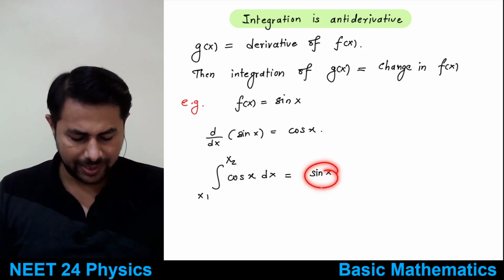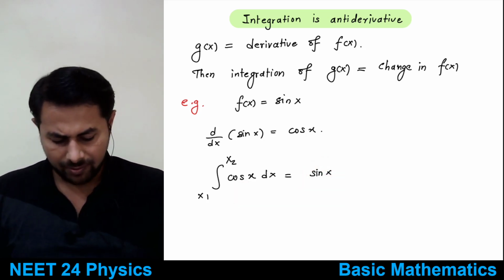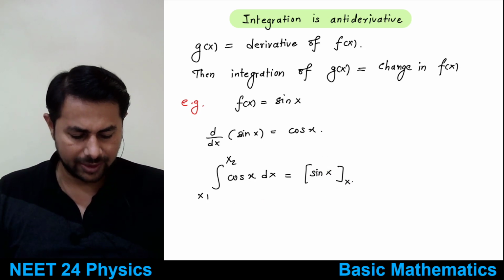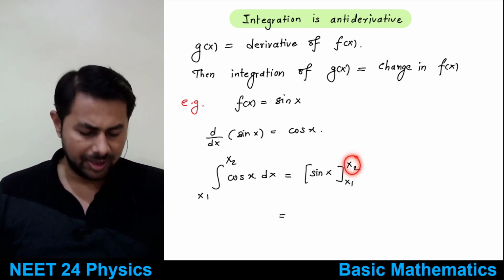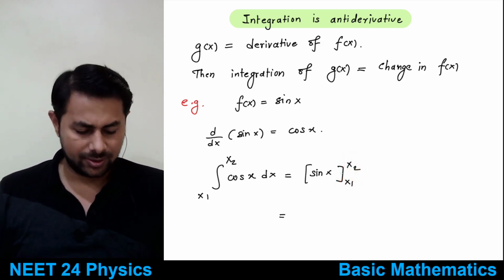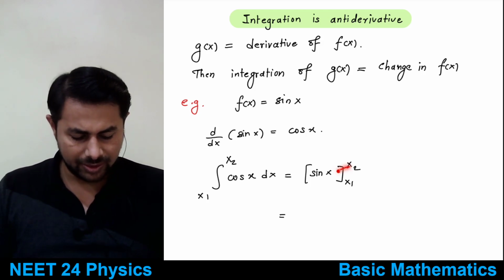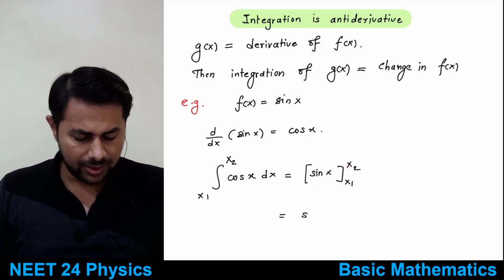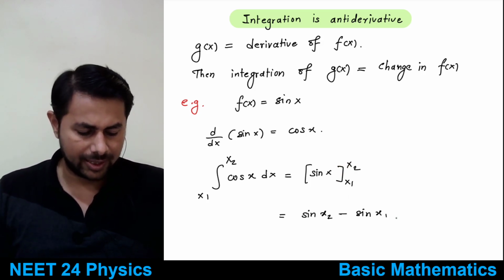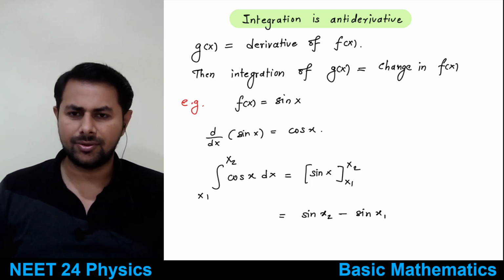Derivative of sine x gives cos x, so integration of cos x gives sine x. But there are these two limits, x1 and x2. x2 is called the upper limit, x1 is known as the lower limit. So this is how we write it. Then we substitute the upper limit and the lower limit. So this is sine of x2 minus sine of x1. Is this clear, everyone?